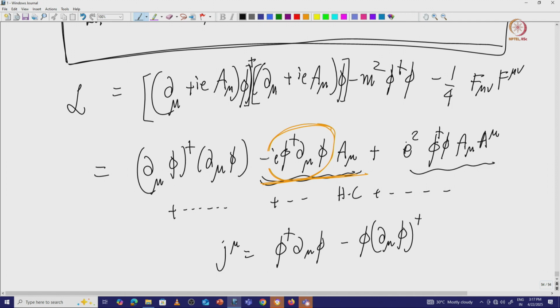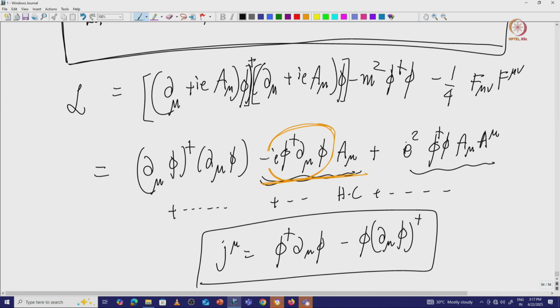This is nothing but your Klein-Gordon current. We interpreted this current as the difference between the currents, and also the charges, of the positively charged particles and the negatively charged particles.